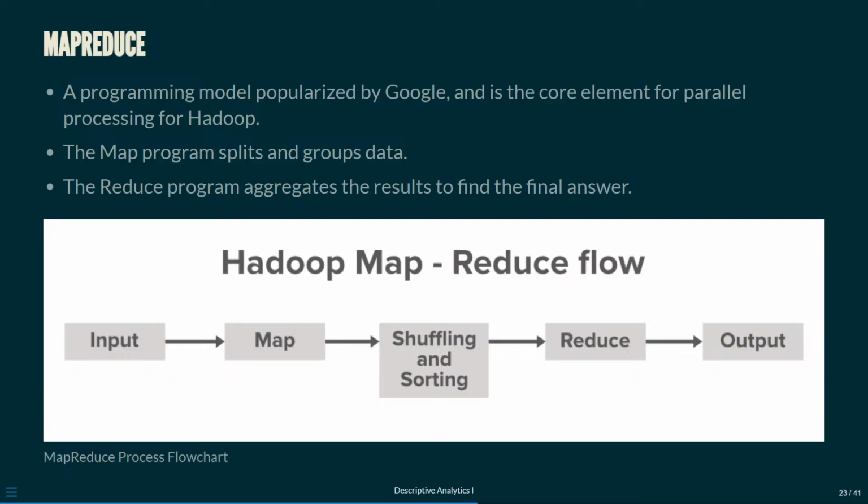It is a model popularized by Google, and a core element for parallel processing in Hadoop. The map program splits and groups data, and the reduce program aggregates the result to find the final answer. So we start by querying using multiple computers, aggregating them, then getting the final answer. We see the flow chart here.